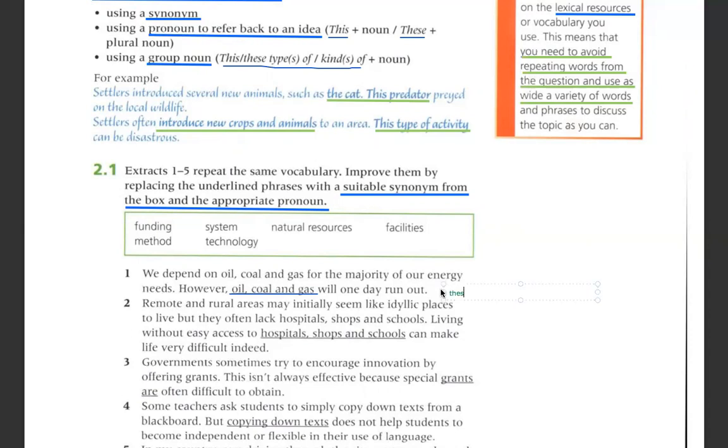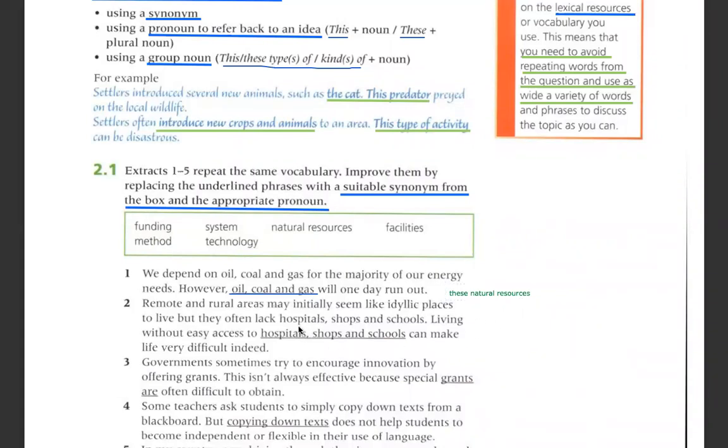Okay, the best way to do it would be these and then the synonym natural resources. If you want to say these types of natural resources, that would be okay as well.